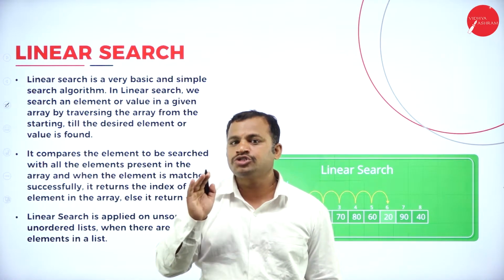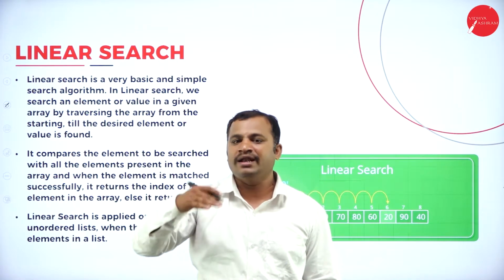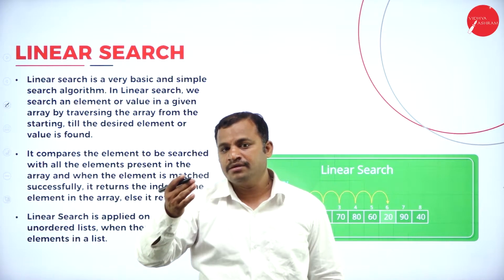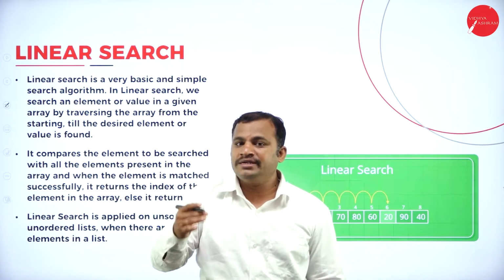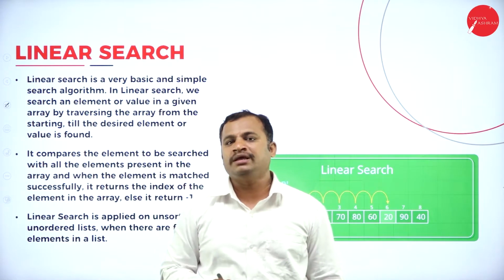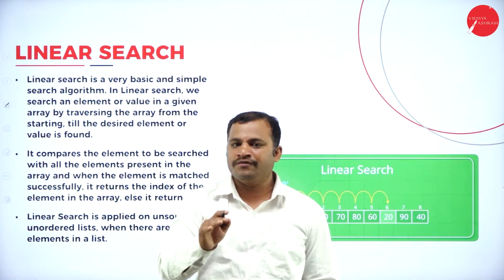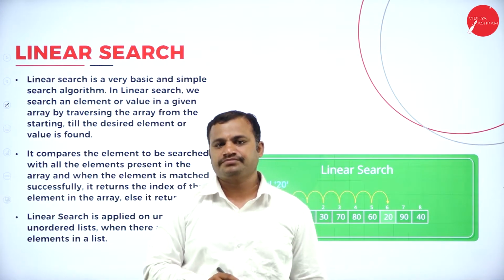If I want to store the similar set of data items in an array, I can have it. There is a possibility. But if I want to store the dissimilar type of data items in an array, it is not at all possible in C++ or Java or any of these types of languages.